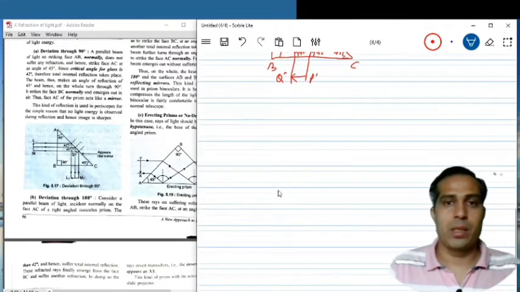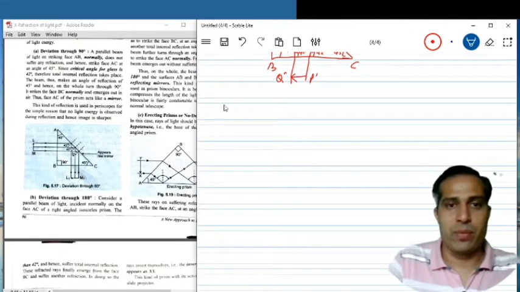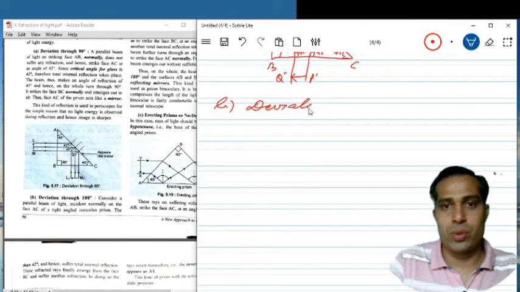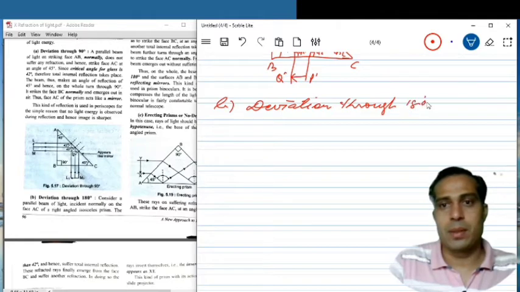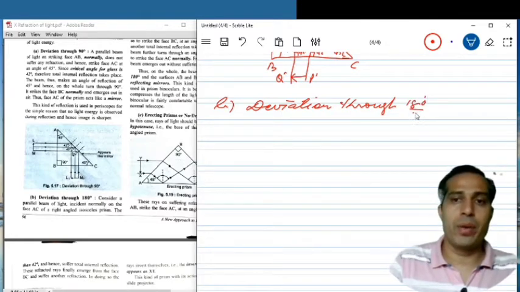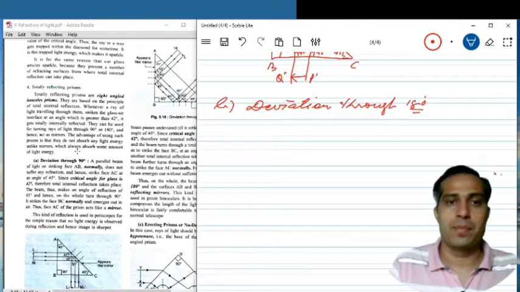Then we have the second type of deviation, that is the deviation through 180 degrees. How does the deviation through 180 take place?